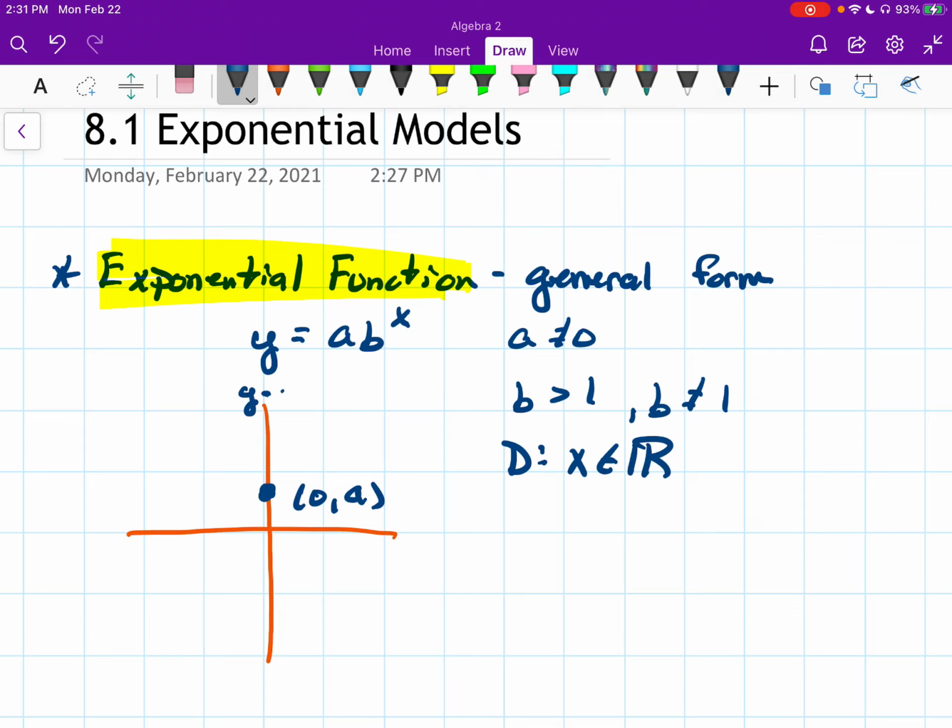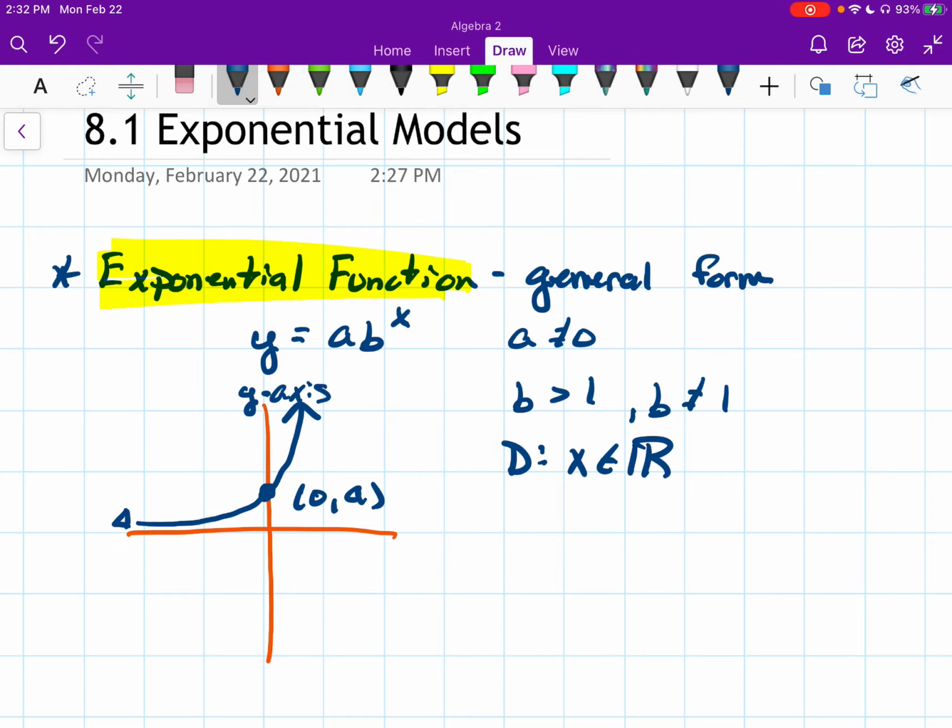This is our y-axis. And then it's normally going to look something like that. It starts off very flat, and then it goes almost vertical.